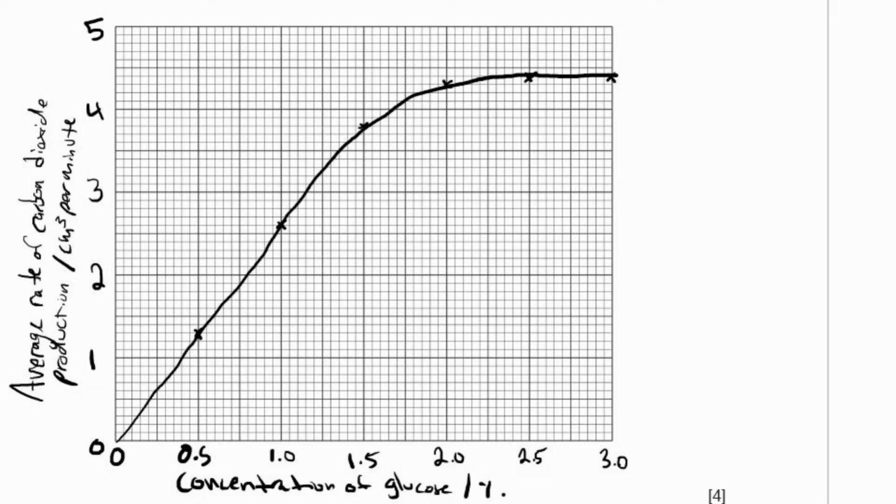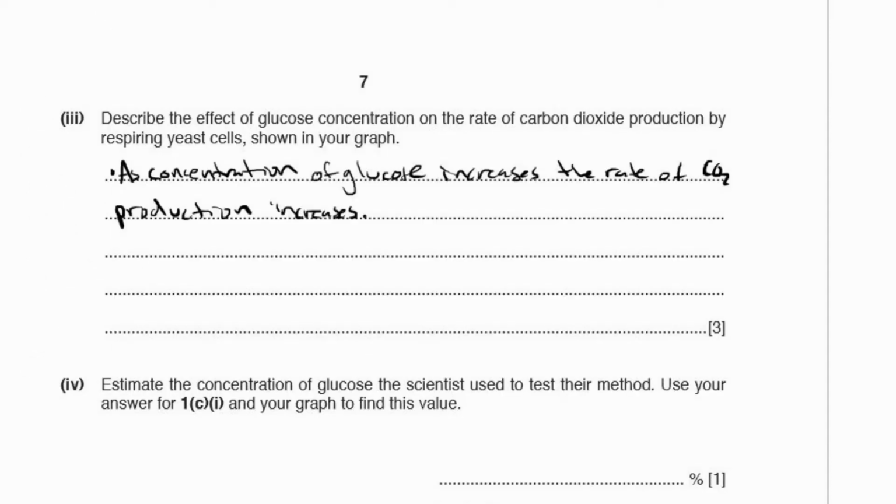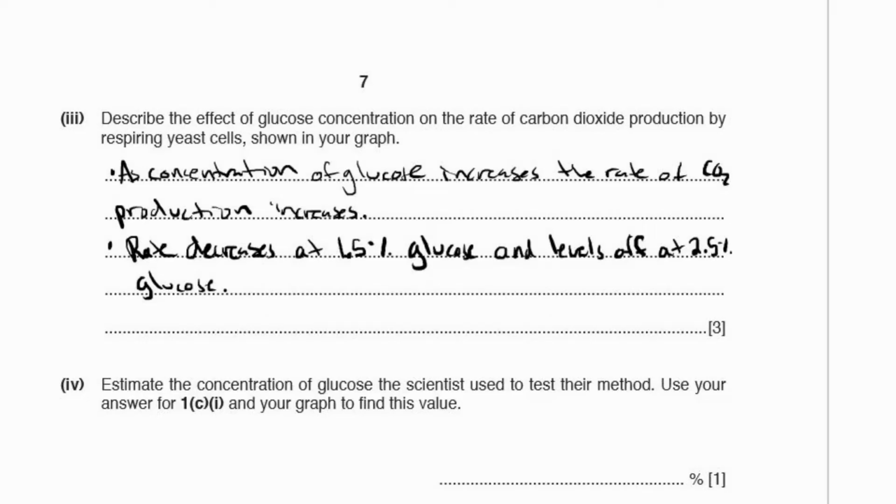It starts to slow down at about 2% of glucose, and the rate stops increasing at 2.5%. So the rate decreases at 1.5% glucose and levels off at 2.5% glucose.